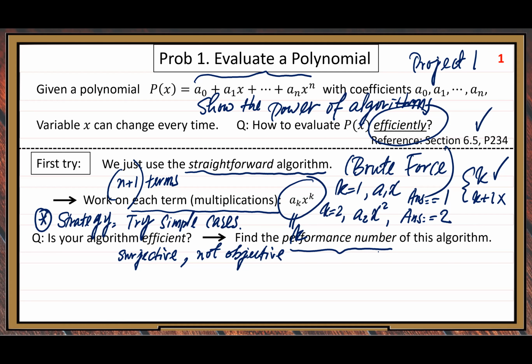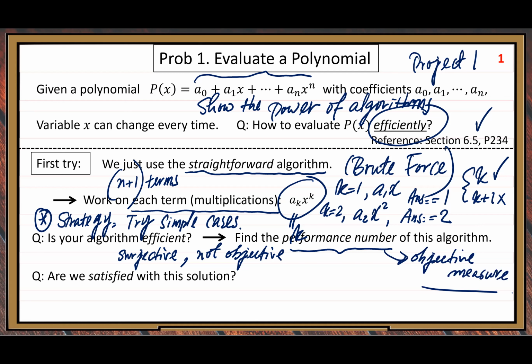Everybody uses the same number to describe one particular algorithm. So that's the objective measure: an algorithm efficiency measure. But this measure question, we will answer later. Later, we will spend a lot of time to answer this objective measure question.